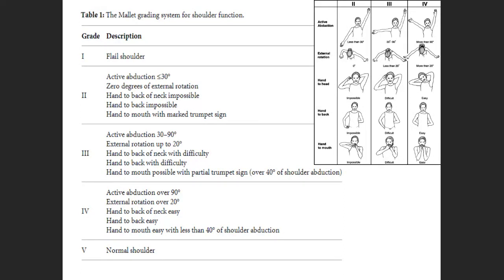External rotation is 0, there is no external rotation. Hand to the back of the neck is impossible, so the child cannot put the hand behind the neck. Hand to the back also is impossible. But hand to the mouth gives a trumpet sign: the elbow goes up when you want to put the hand to the mouth. That will gradually decrease in grade 3 and grade 4.